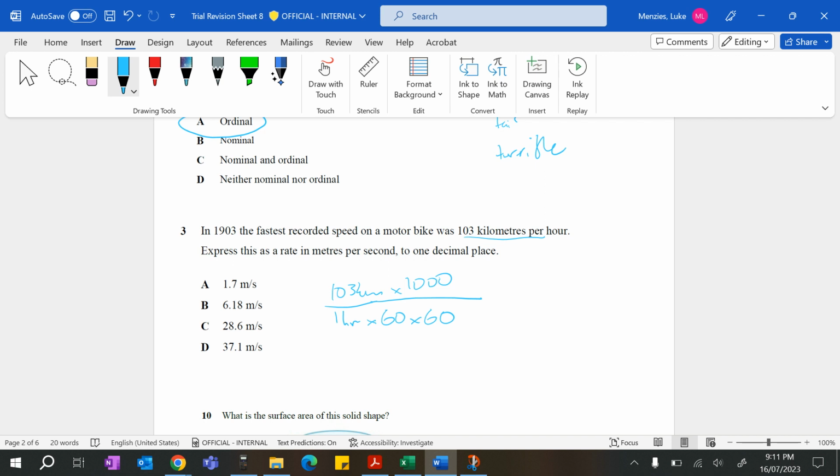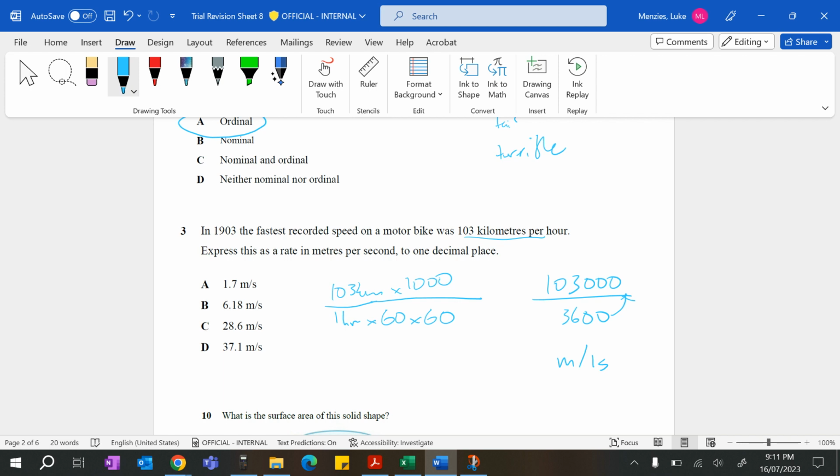So it's like 103 then 3 zeros, over 36 with 2 zeros. When you do this division, it's like how many 3,600s go in there, and that gives you that 1 second on the bottom, which I was talking about. So it's going to give you some sort of metres for 1 second, and that's where it comes from.